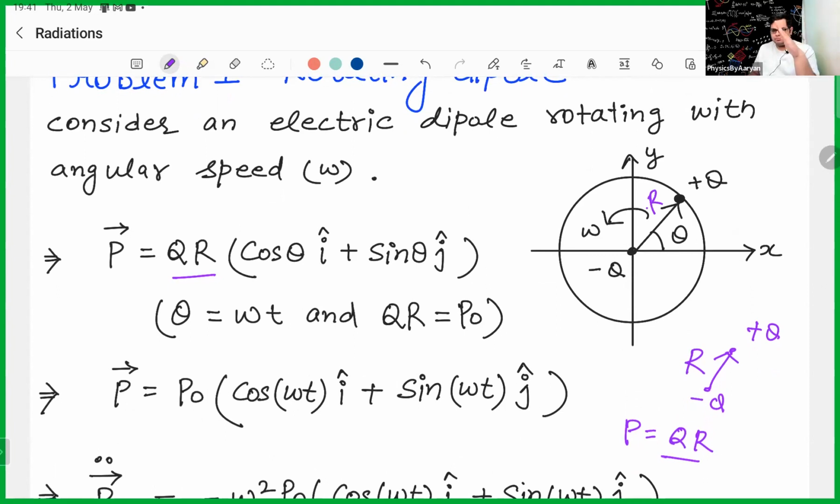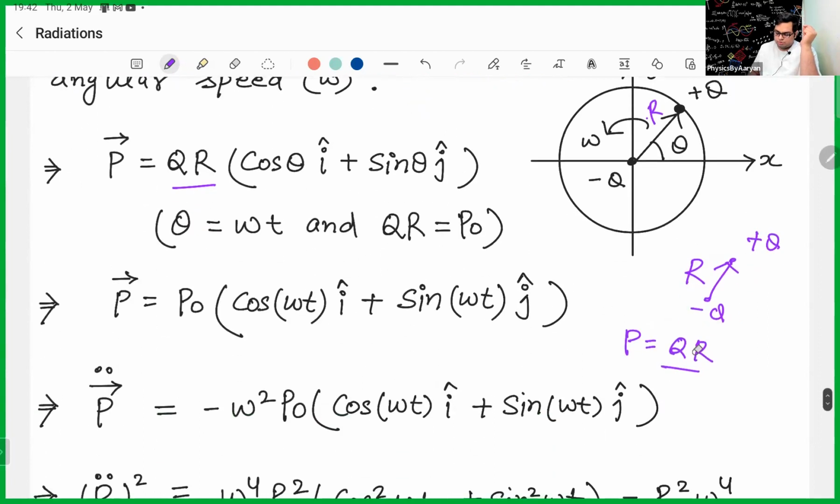Let's say at any time you are at angle theta. If you write the vector, you get cos theta i cap plus sin theta j cap. How do you decide this theta? In linear motion, displacement equals speed into time. When we talk about rotation, displacement becomes angular displacement theta, linear speed becomes angular speed omega, and time remains time.